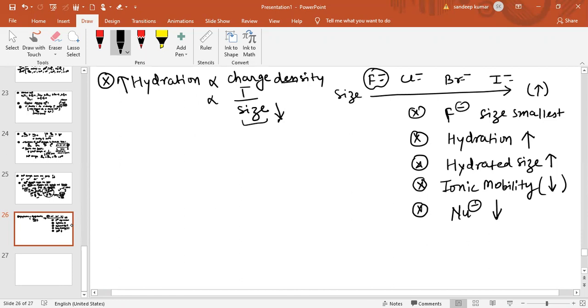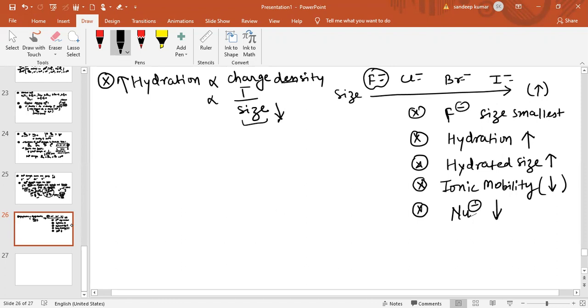So in case of polar protic solvent, F minus is smallest in size, more hydration, more hydrated size, less ionic mobility, means less nucleophilic strength.